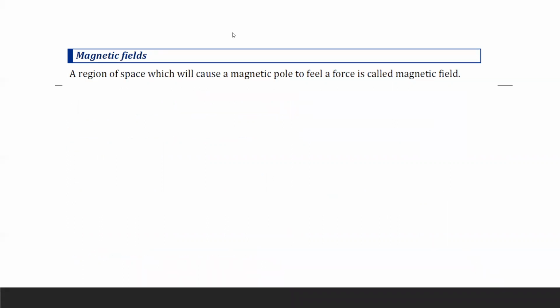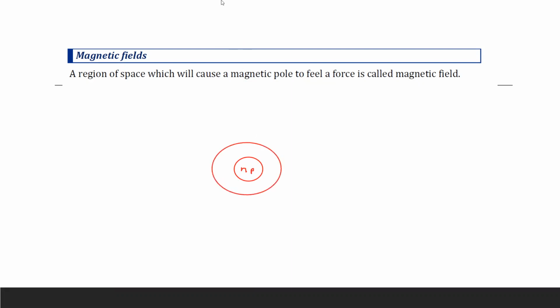As the atom consists of a nucleus, inside the nucleus we have neutrons and protons, surrounded by electrons.